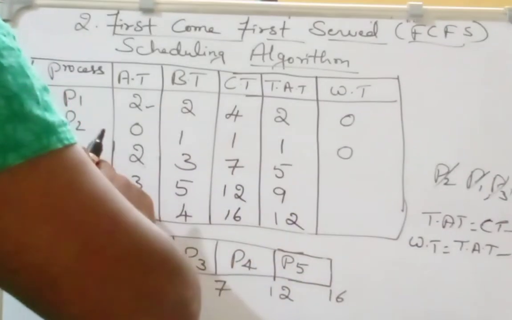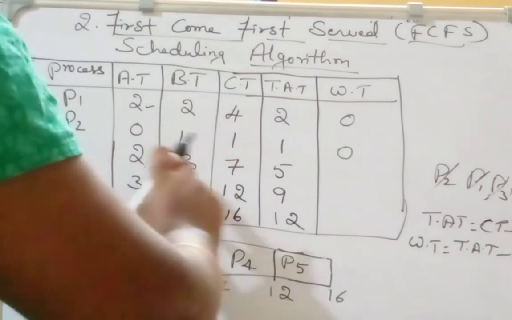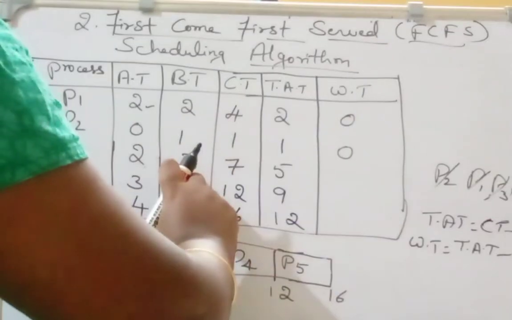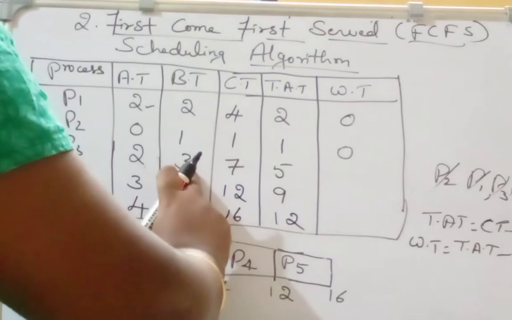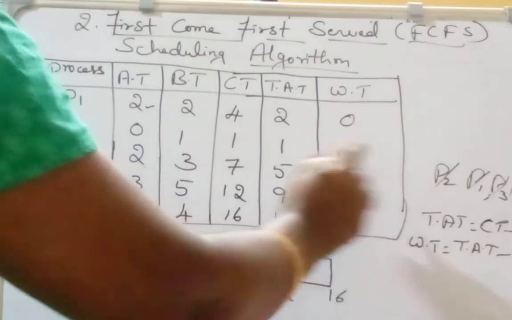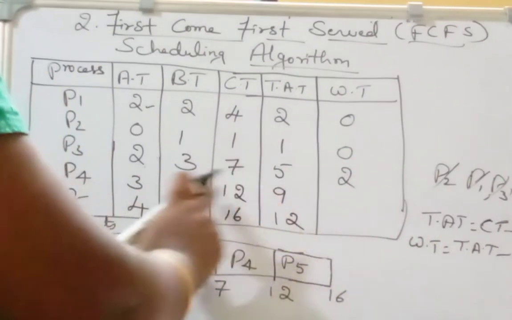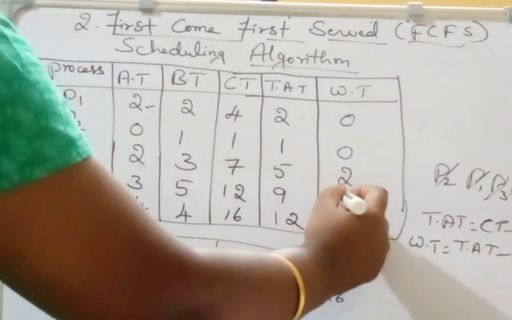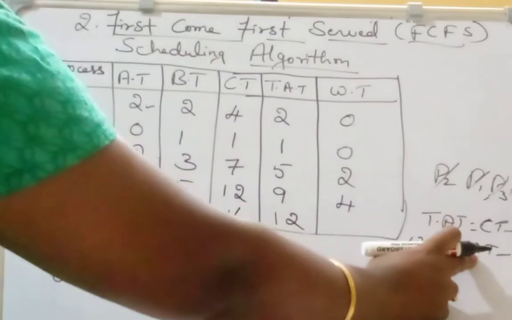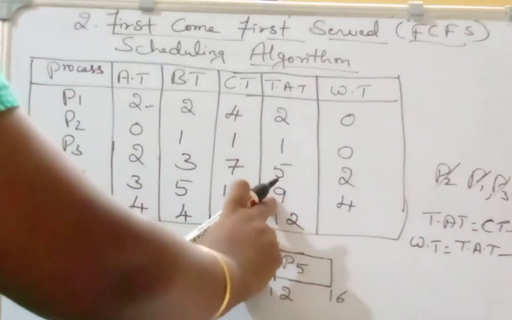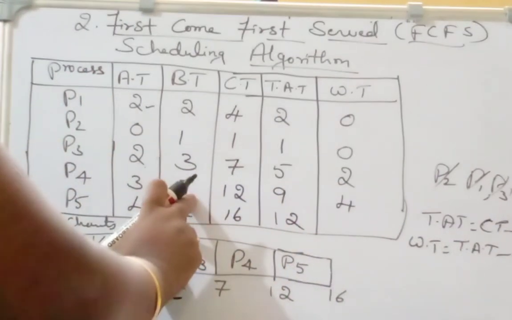Then what is the waiting time for P3? That is turnaround time minus the burst time, 5 minus 3, that is 2. And for P4, 9 minus 4, turnaround time minus the burst time, that is 5.